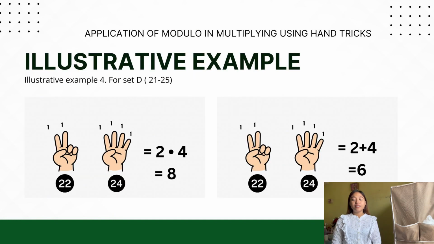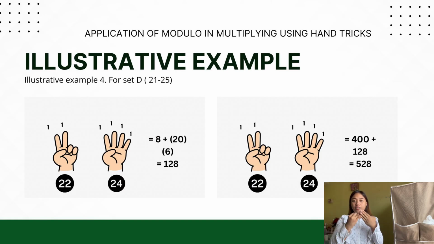So now, let's proceed to our last formula. We have here a constant value of 400. So now let's proceed. 22 times 24, but it is not 10, 20, 30, 40, 50, 60. Instead, we are going to multiply these two. 4 times 2 is 8, and we're going to add it to 400, which gives us the answer 408.